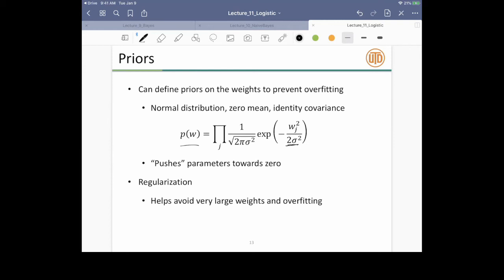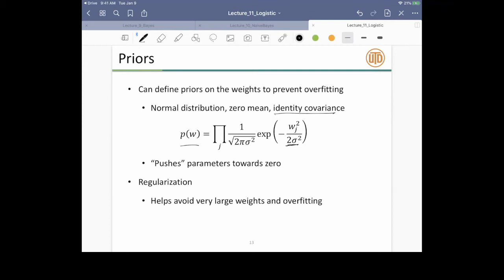And they have a variance of sigma square. So exactly the prior distribution is just a product over j of 1 over square root of 2 pi sigma square, exp raised to minus w_j square over 2 sigma square.